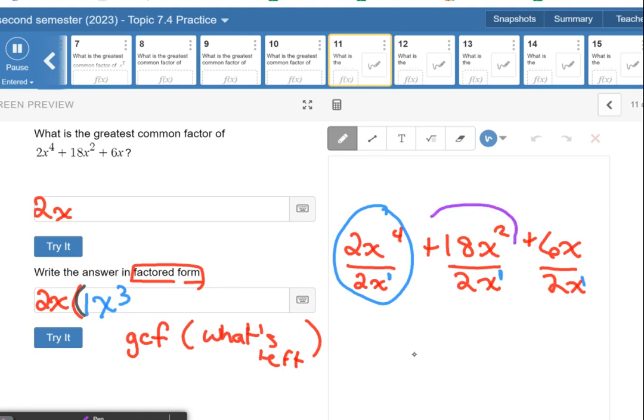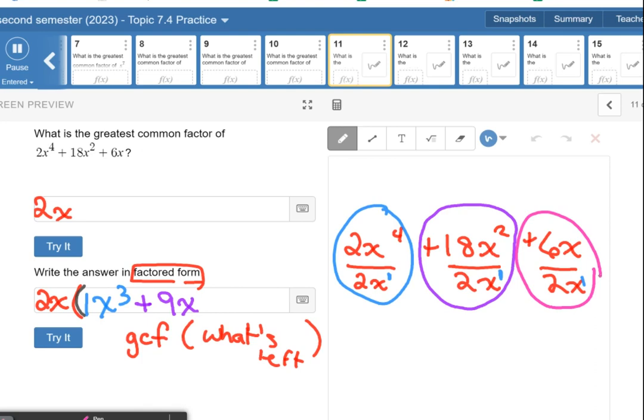And then on the next term, you're going to do the same thing. You're going to actually divide the coefficients, 18 divided by 2. And that's going to get me a positive 9. And then when you divide the same base, you're going to subtract the exponent. So 2 minus 1 is 1. Just a friendly reminder, I did not code the 1, so it's just regular 9x.